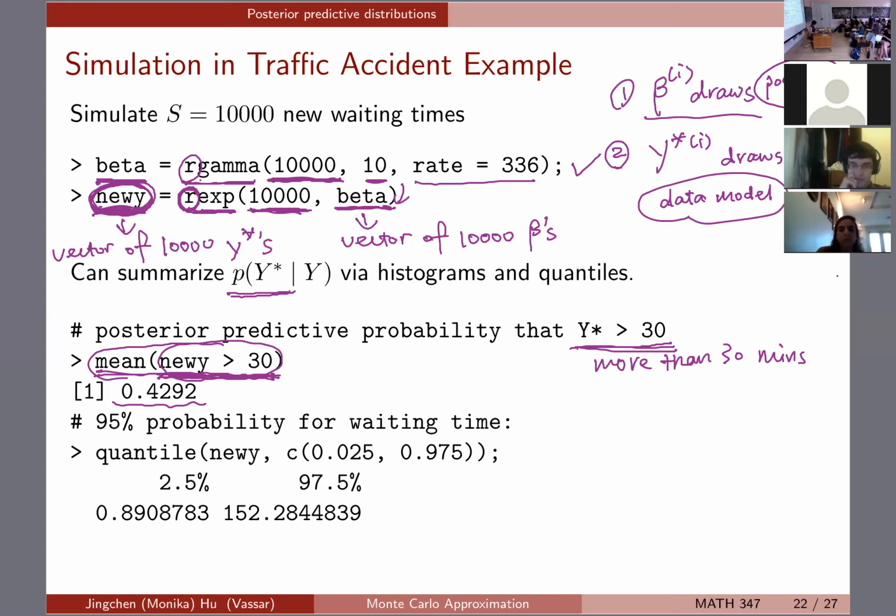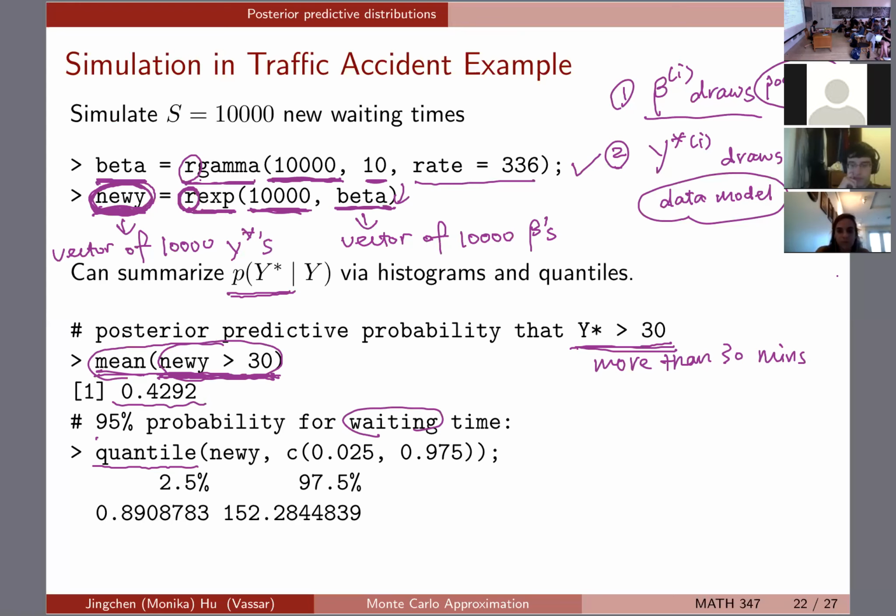So here I just gave you some examples. You can do this mean with the logical operator, or you can also return the quantile, which is the middle 95% credible interval of the waiting time. Sorry, the word I'm using is not really good. It's the time left.